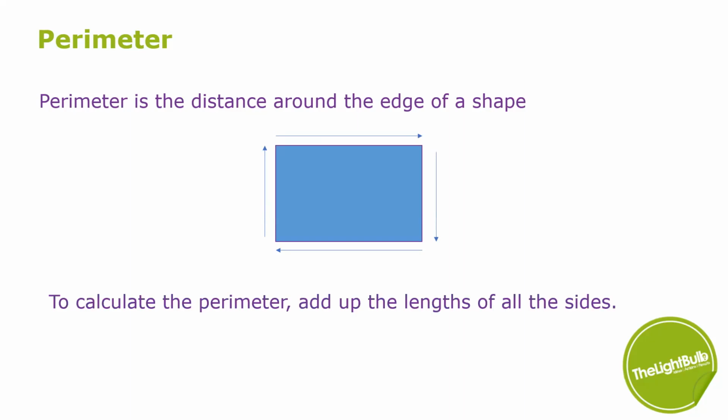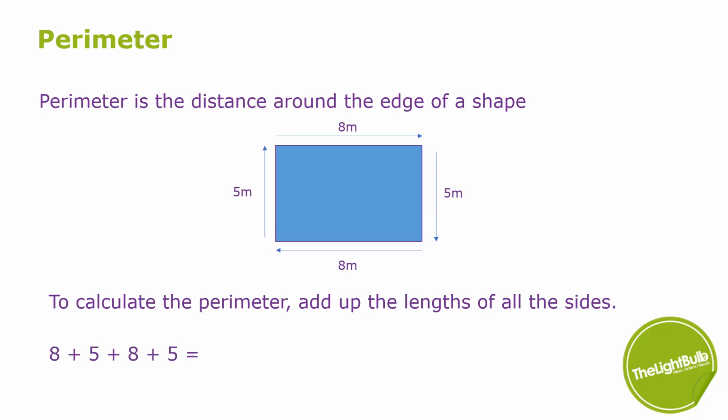Now, to work out the perimeter, the distance of it, all you do is add up the individual lengths of each side. So let's put some measurements on here. Let's say that it's 8 meters long and 5 meters wide. Working from the top, we've got 8 meters, then 5 meters coming down the right-hand side, then 8 meters again at the bottom and 5 meters going up.